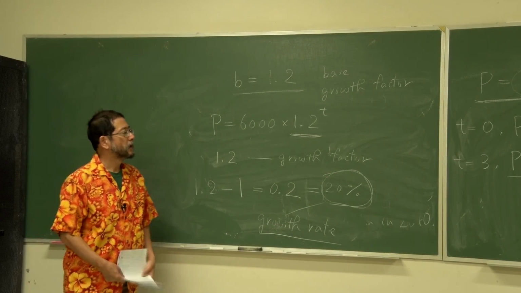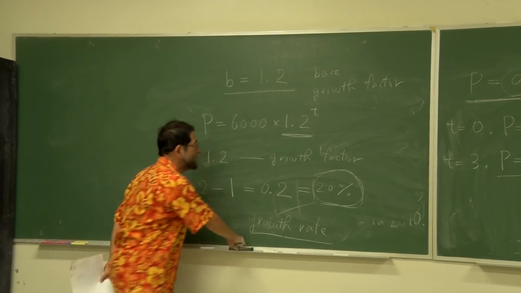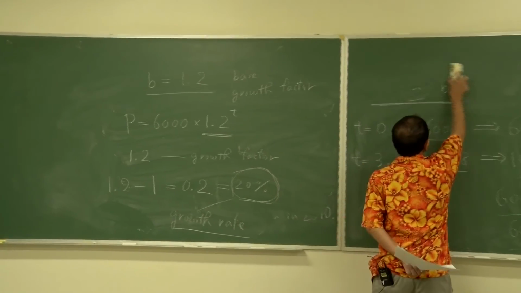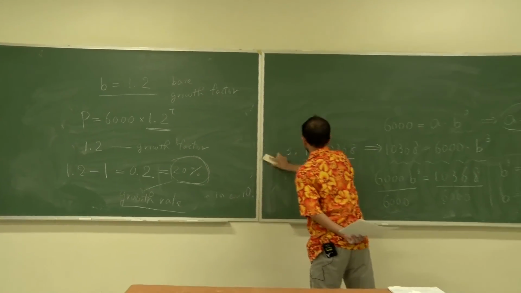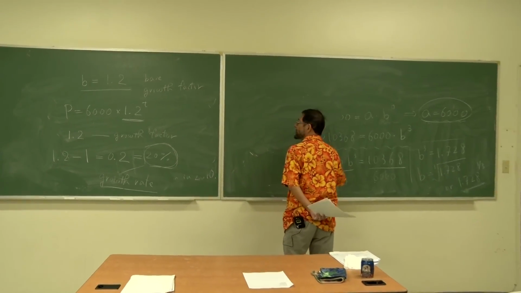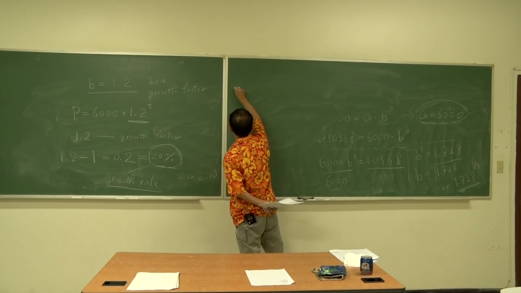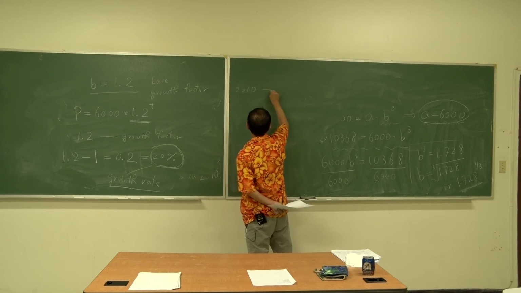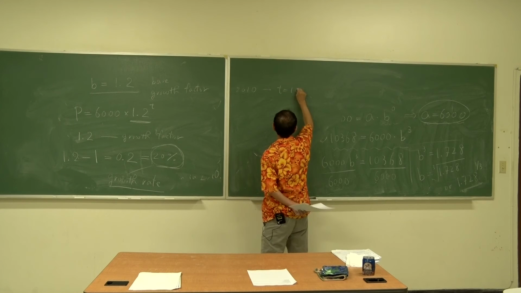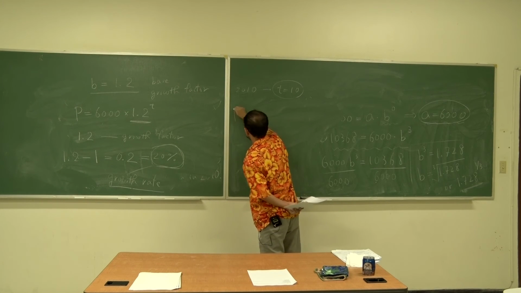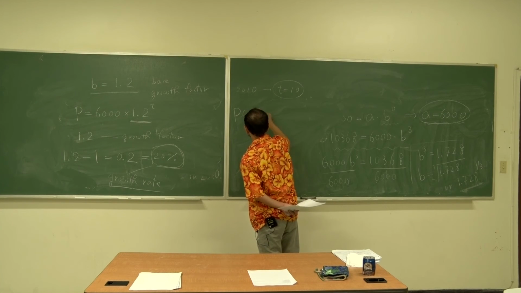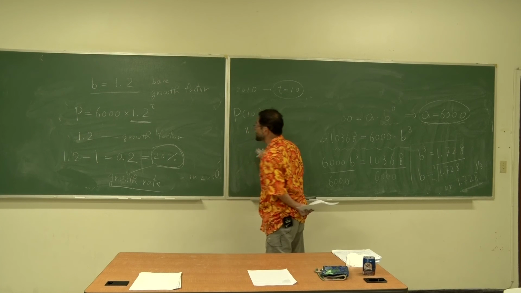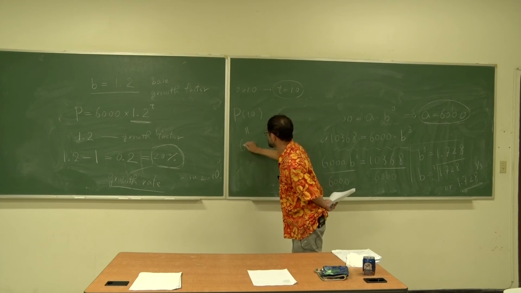Okay, so finally, we can predict the population in 2010. Remember, 2010 corresponds to t is equal to 10. So finally you plug 10 into the formula.